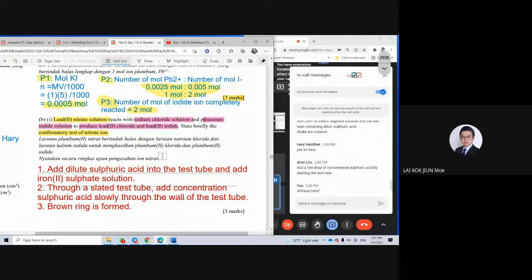Number 1 here. We want to test the nitrate ion. So nitrate ion is NO3, right?